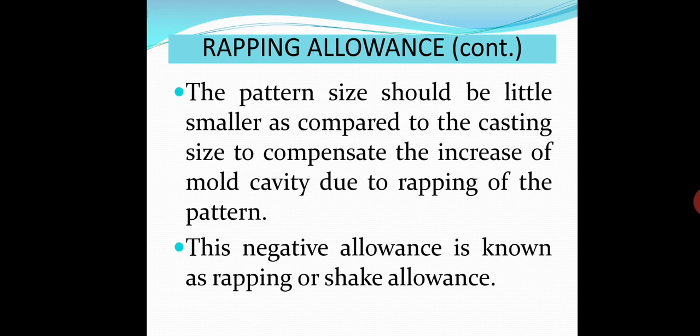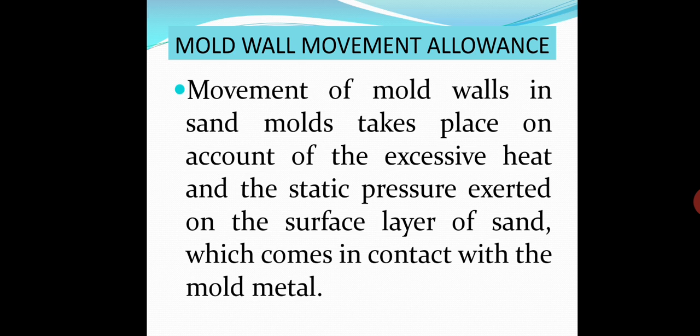The pattern size should be a little smaller as compared to the casting size to compensate for the increase of mold cavity due to wrapping of the pattern. This negative allowance is known as wrapping or shake allowance.